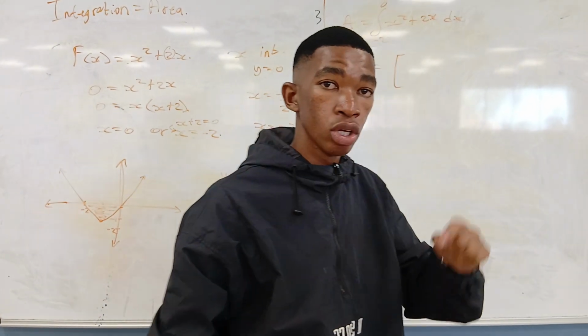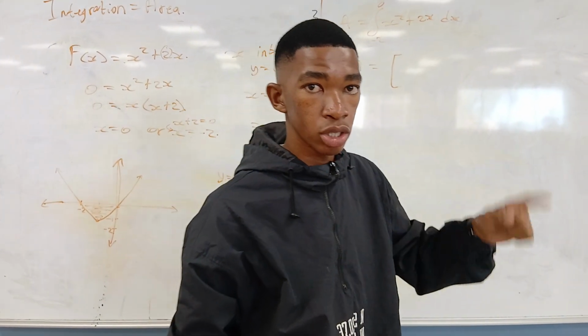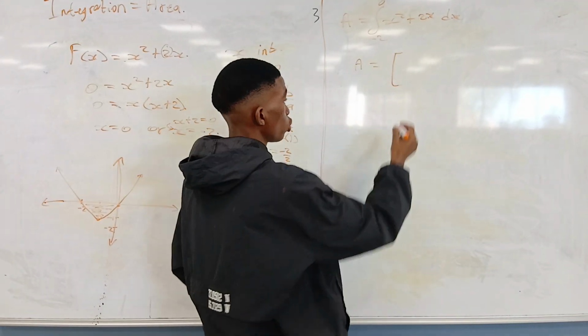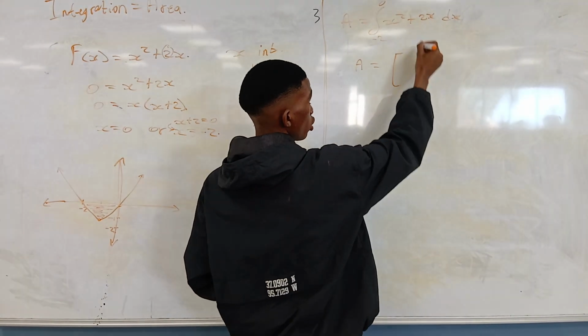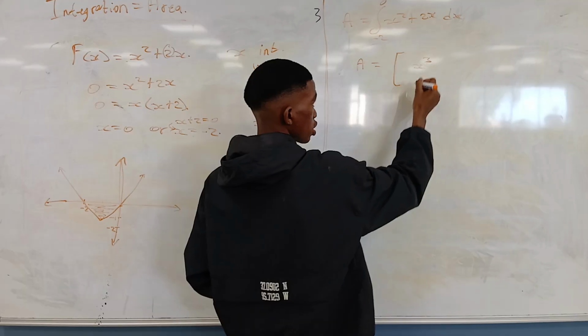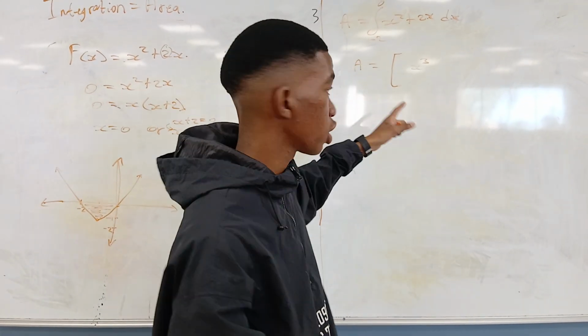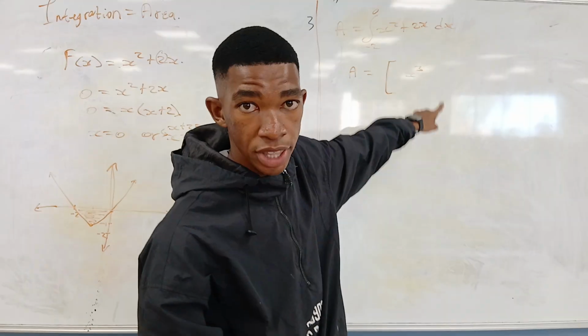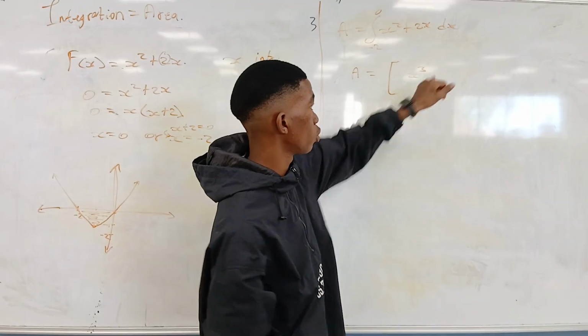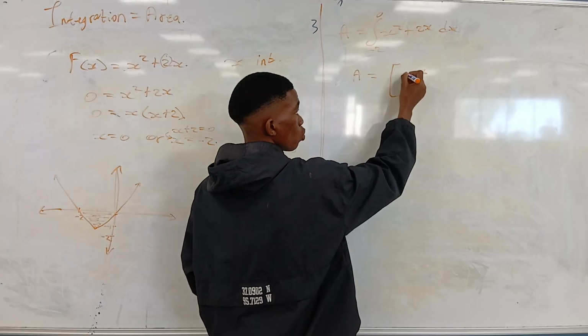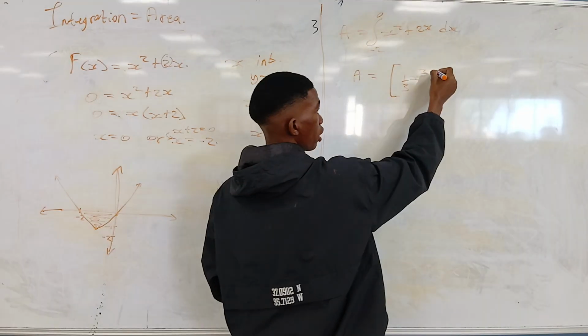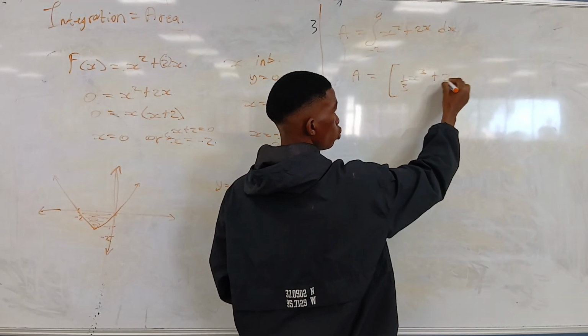Remember, in the power rule, you subtract 1 from the exponent of your variable. So here we're going to add 1. So it's going to be x to the exponent, 2 plus 1 is going to give us 3. You take this 3 and divide the coefficient of x squared by the result that you found on top. So it's going to be 1 all over 3. Then plus, here, you're going to have 2x.